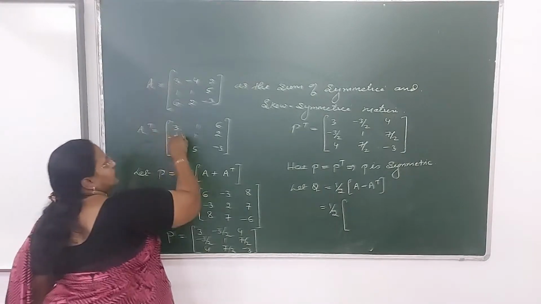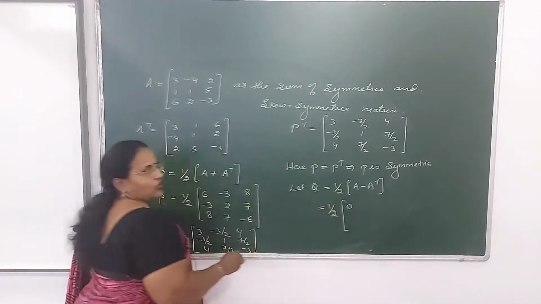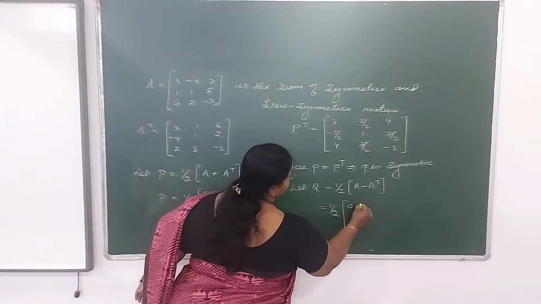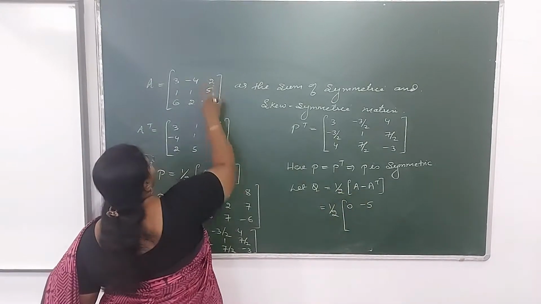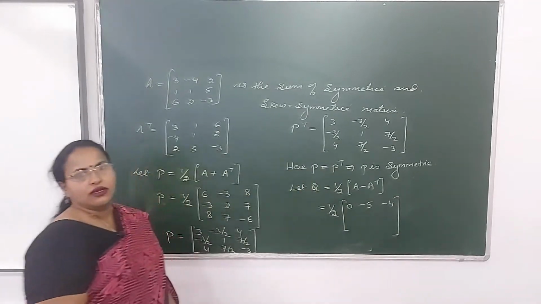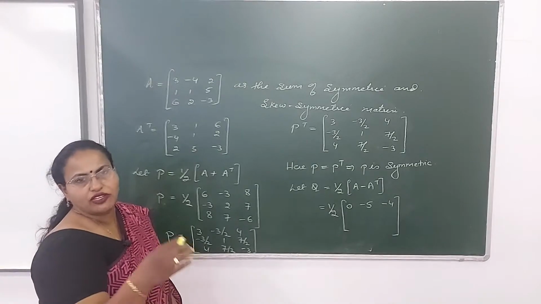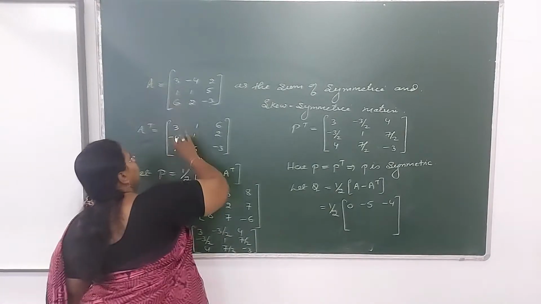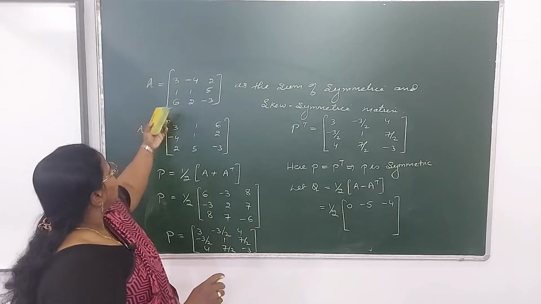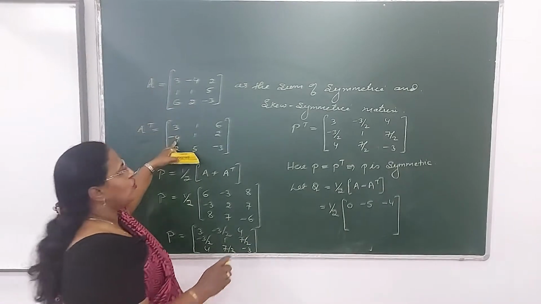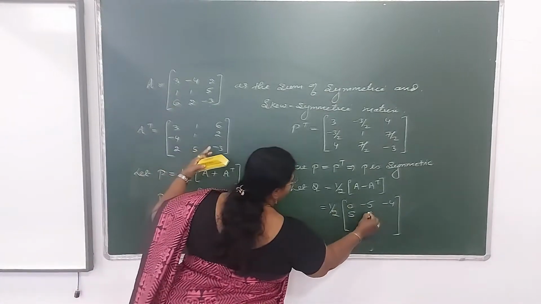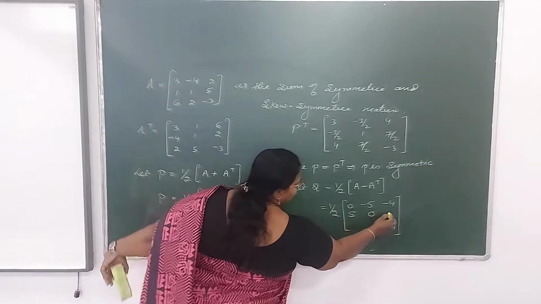So it's 3 minus 3, 0. Let us do row wise. Minus 4 minus 1, it's minus 5. 2 minus 6 is minus 4. The first row is done. Now the same procedure we will be applying for the second row. 1 minus of minus 4, it's coming 1 minus of minus 4 is plus 5. 1 minus 1 is 0. 5 minus 2 is 3.